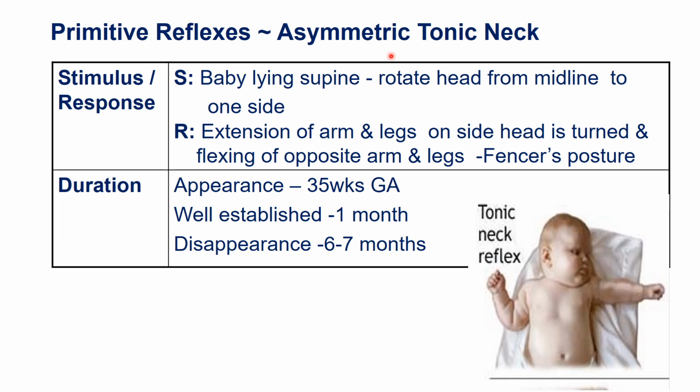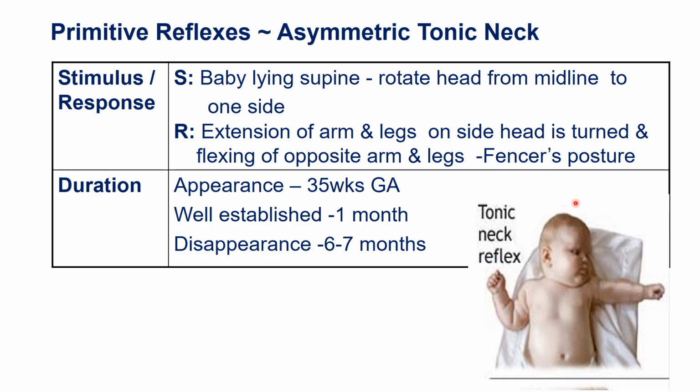Now come to the asymmetric tonic neck reflex. This is another important reflex. Here the baby lies supine, and then you rotate the head of the baby from midline to one side. The response will be extension of the arm and leg on the same side to which the head is turned, and flexion of the opposite arm and leg.